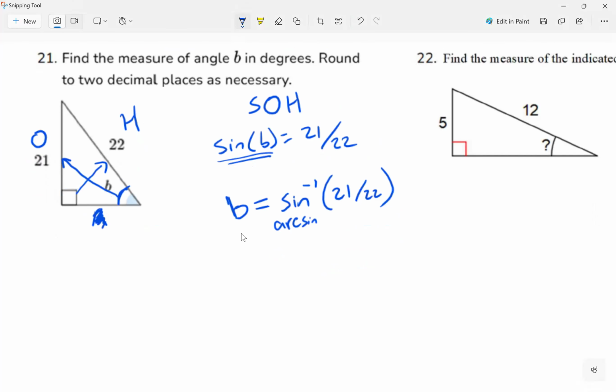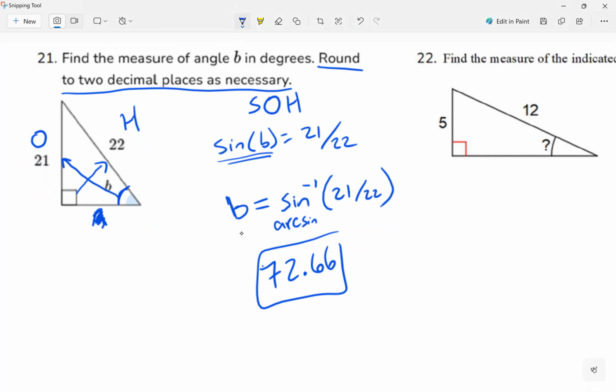So I'm going to say my B is 72.66. I round it to two decimal places because that is what the instruction said: round to two decimal places if necessary.